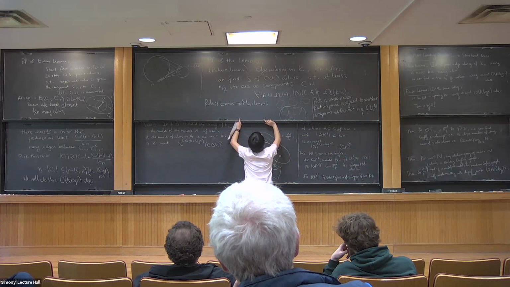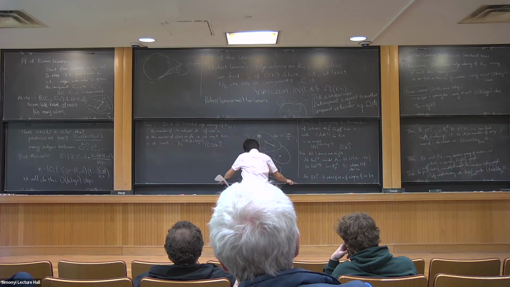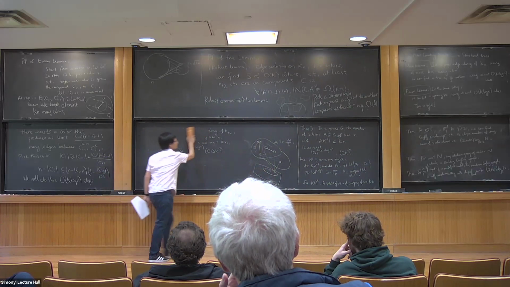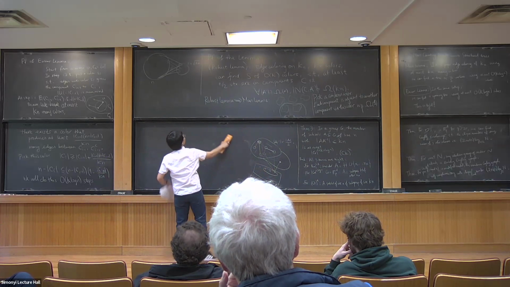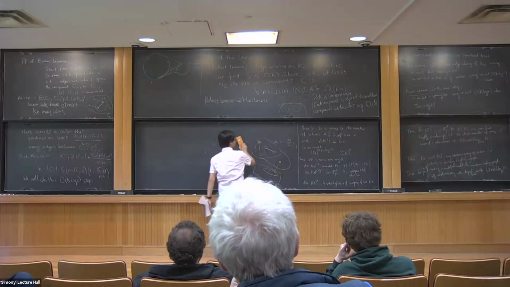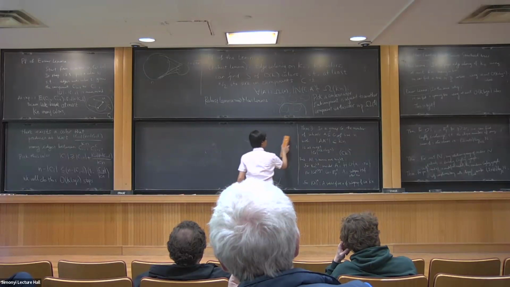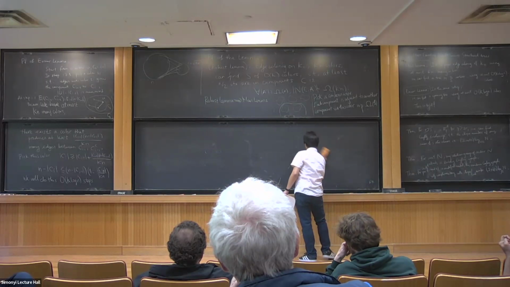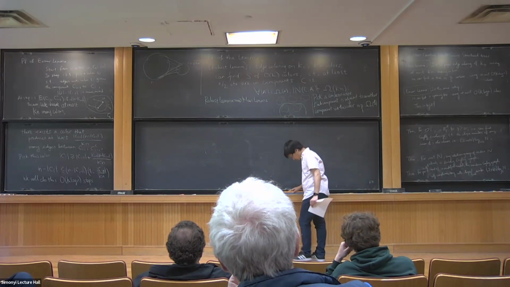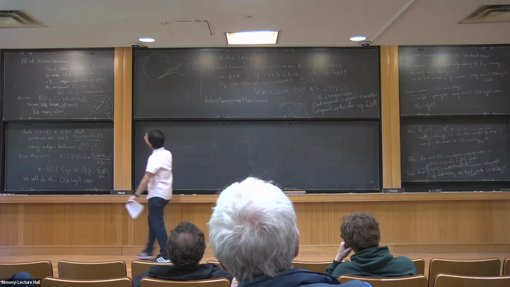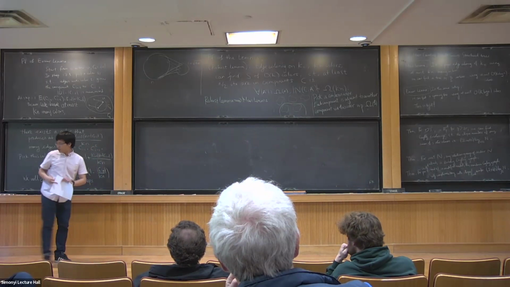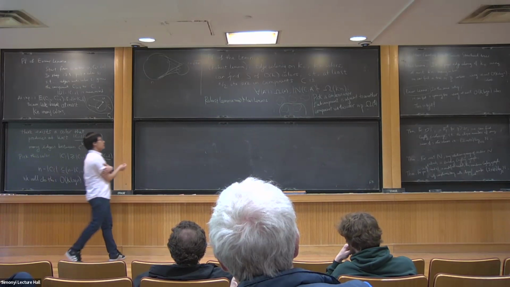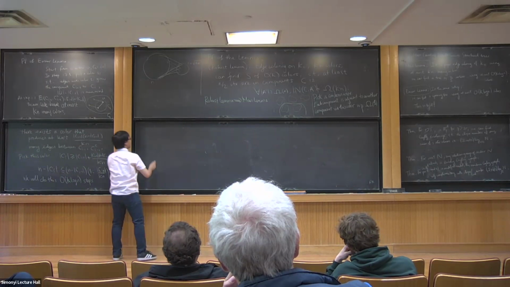Okay, so now I will give you some ideas towards the main part, which is this robust version of the lemma. So what we will do is the following. This is our process for proving this robust lemma.